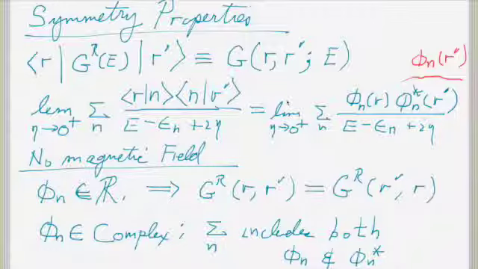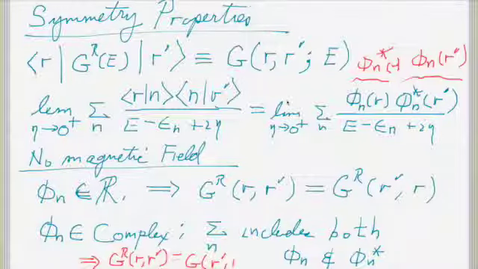And when that happens, this one will become phi n star, because you're summing over all of them. And so again, because of this, you also get that G^R of r, r prime is G of r prime, r. It is symmetric in r and r prime.